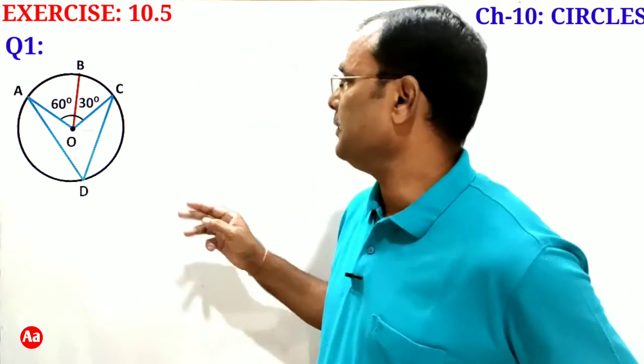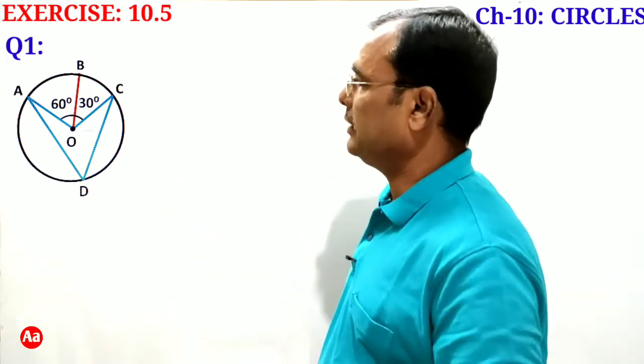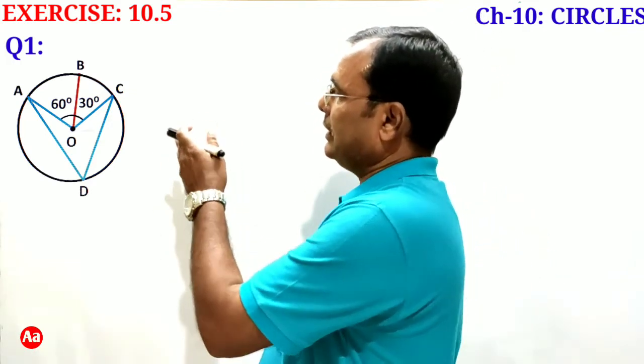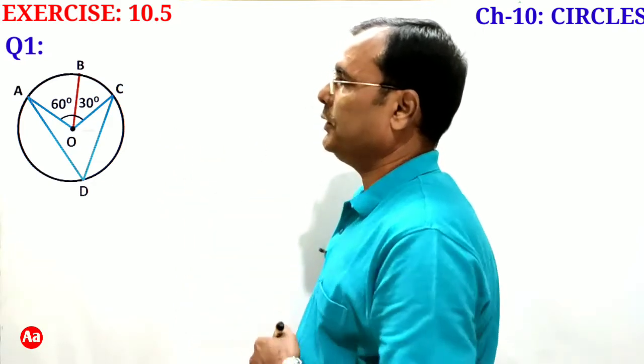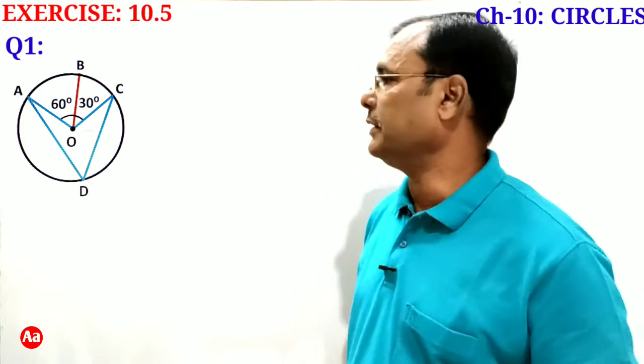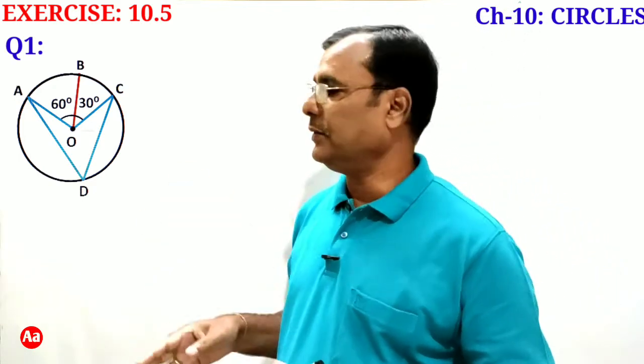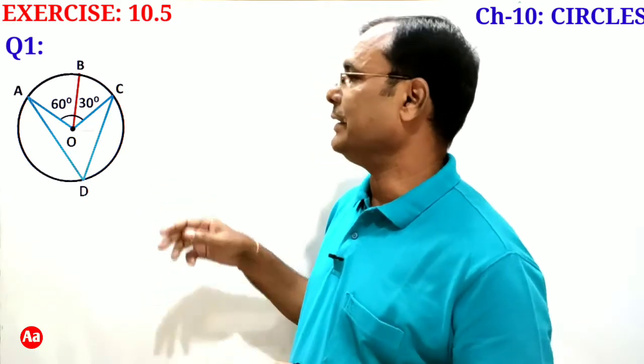In this given figure, A, B, C are 3 points on the circle such that angle AOB and angle BOC are 60 degrees and 30 degrees respectively. D is a point on the circle other than arc ABC and we are going to find angle ADC.